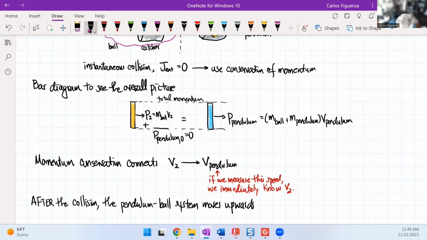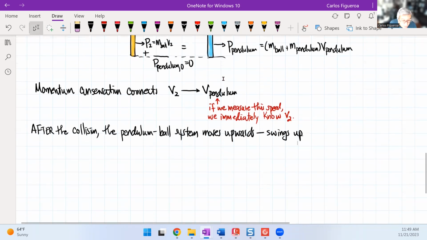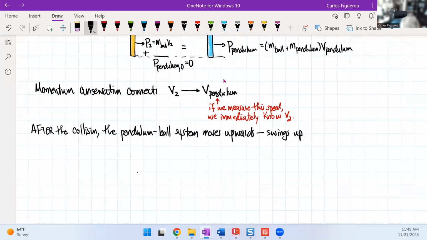Right? When I say moves, in other words, it swings up. So if I look at my picture, then this is what I have here. I have my pendulum ball system. And what's connected here is that I have these arms to this system right here.